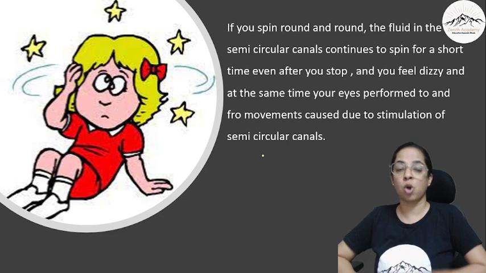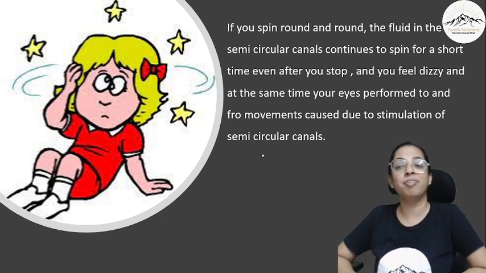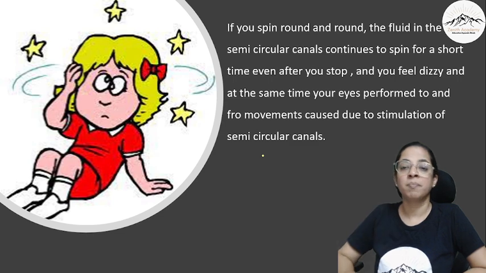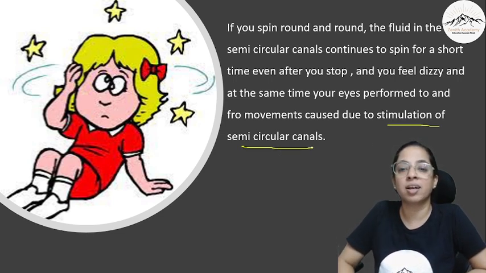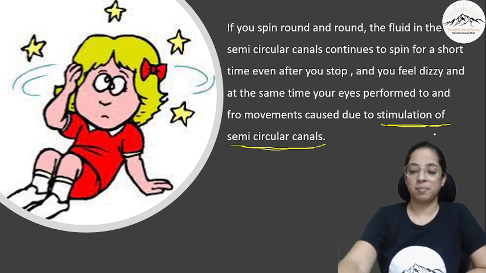Even after you stop, it keeps on moving due to inertia, and then you feel dizzy. At the same time, your eyes keep performing to and fro motions. This is caused by stimulation of the semicircular canals, because we know they maintain our dynamic equilibrium, dynamic balance.